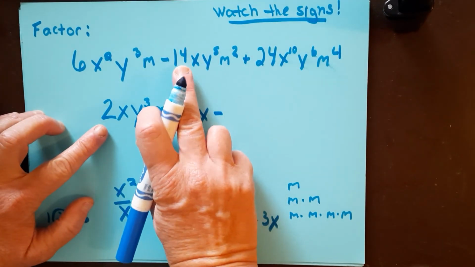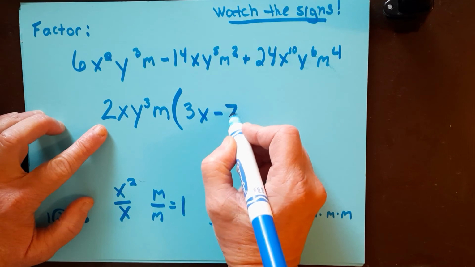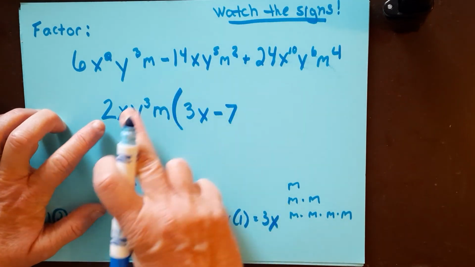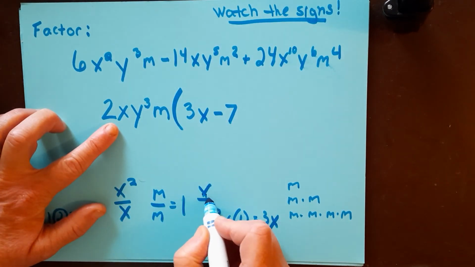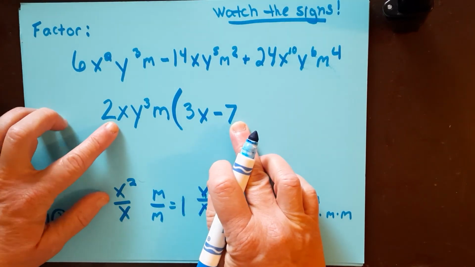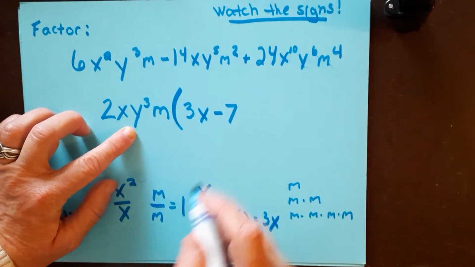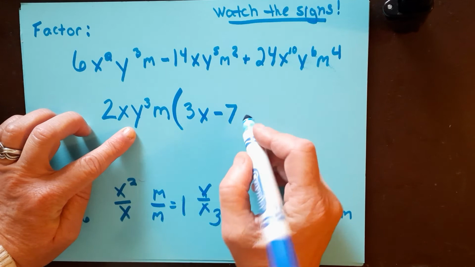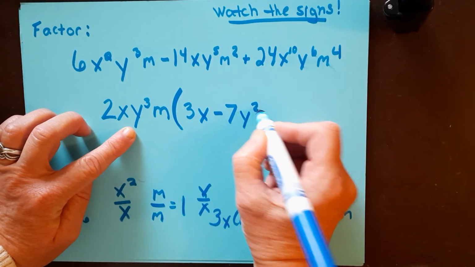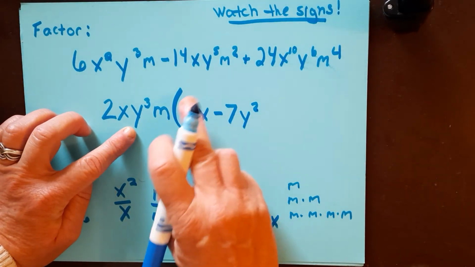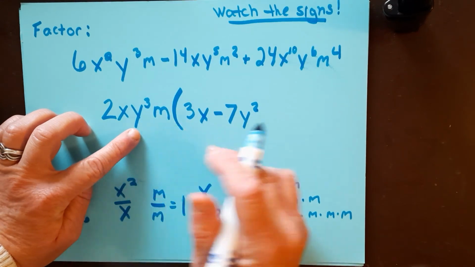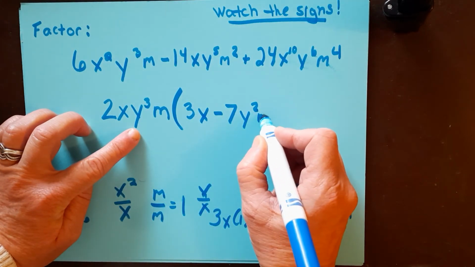We have 14 divided by 2, which leaves 7. X divided by x is again 1, so we're not going to worry about putting it down there right now. Y to the 5th divided by y to the 3rd is y squared. And m squared divided by m is m.